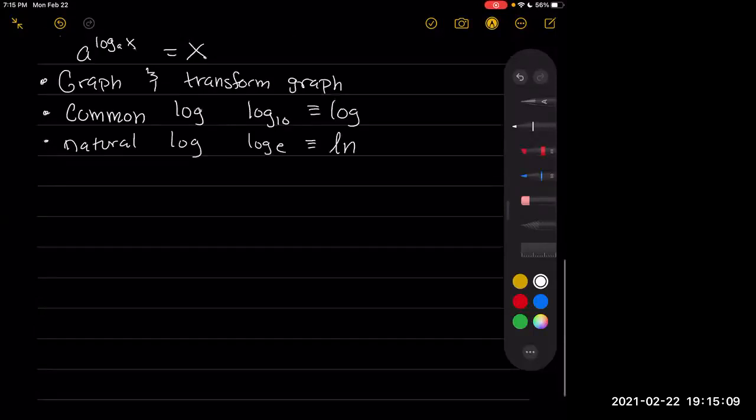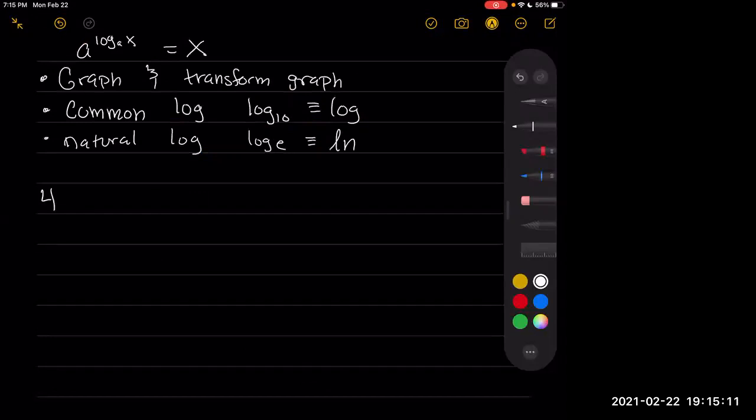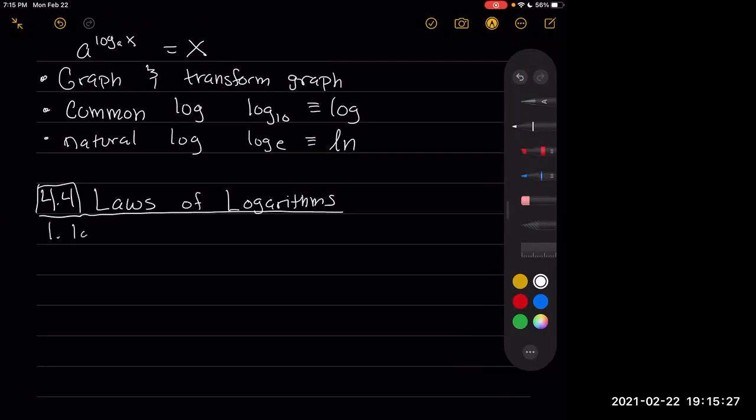And then we moved on to section 4.4, which is laws of logarithms. So our first law was that log sub a of a times b is log sub a of a plus log sub a of b.